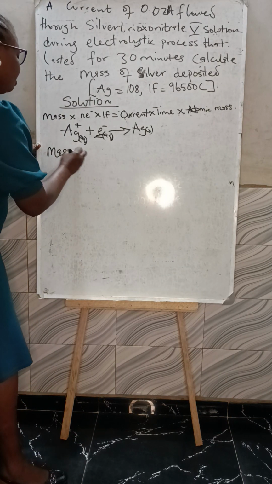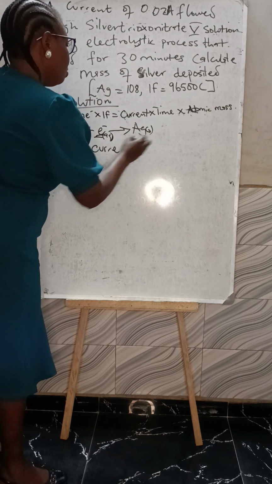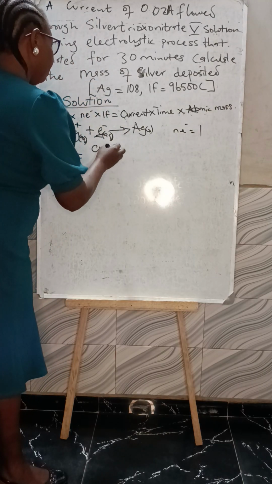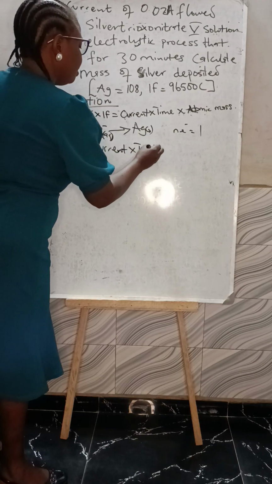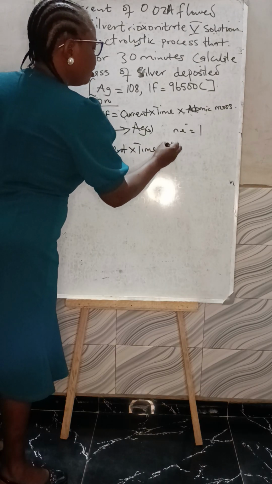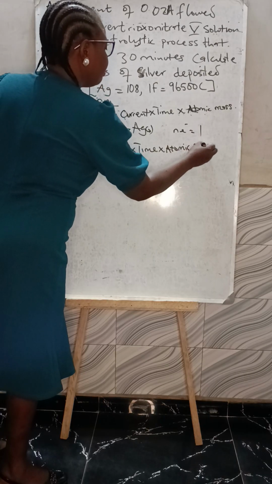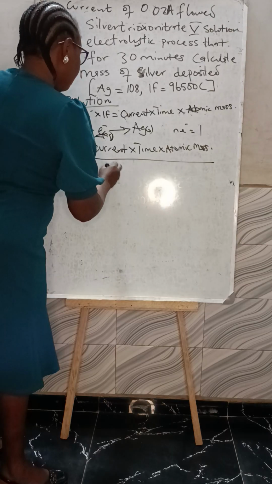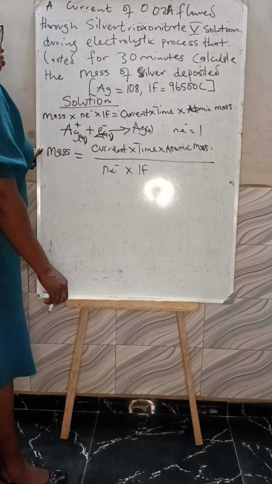So mass will be equal to current times time times atomic mass, all over number of electrons times 1 Faraday.